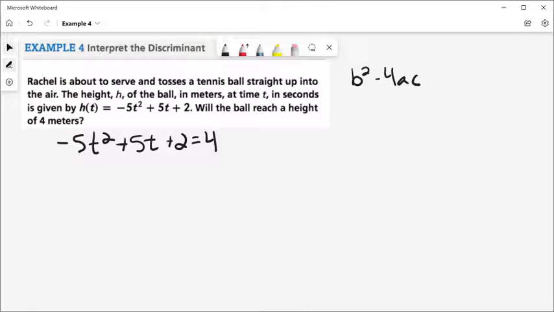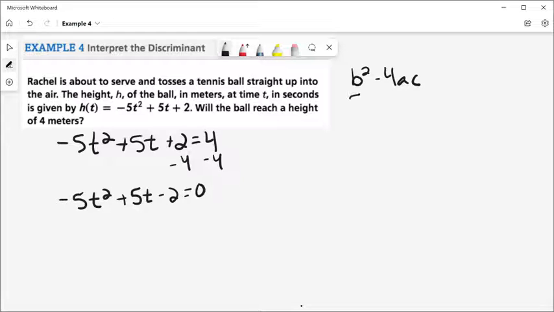But my equation isn't in standard form yet, so I need to move the 4 over. So subtract 4 from both sides, and I have negative 5t squared plus 5t minus 2 equals 0.